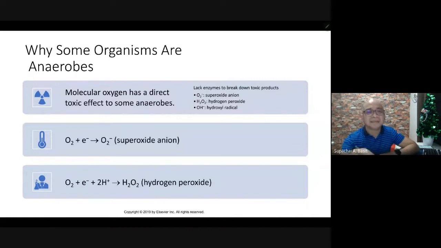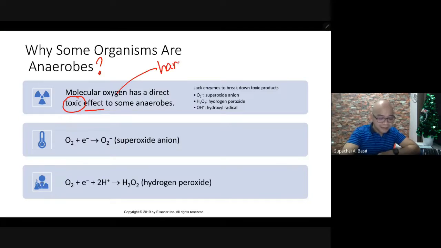Okay, now, why are some organisms anaerobes? To answer this question, some microorganisms are anaerobes because for them, oxygen has a direct toxic effect. Meaning to say, oxygen can be harmful for them.